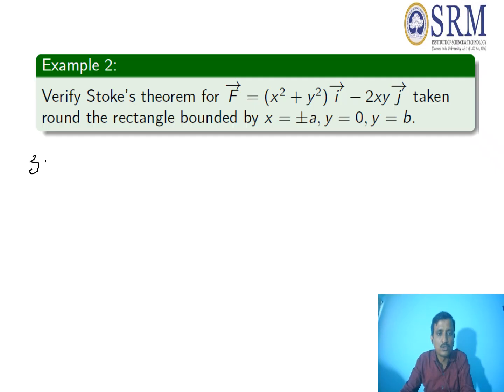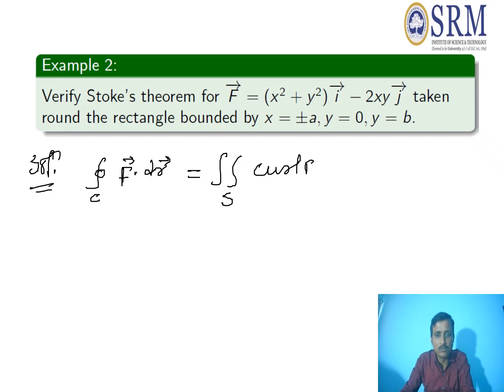So by the Stokes theorem, what is the statement? Already we know. Just to write down the statement: the left hand side, the line integration of F dot dr, is equal to the surface integration of curl of F dot n ds.